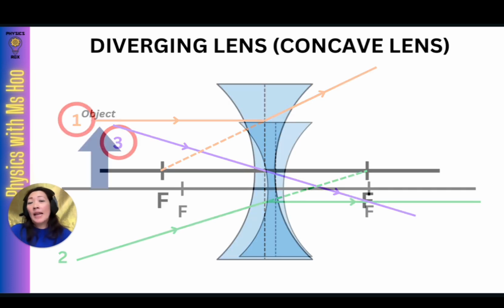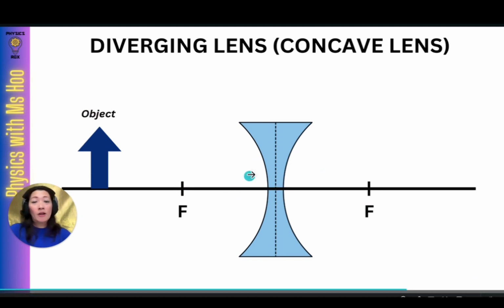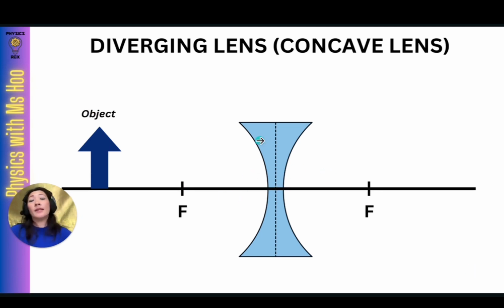So now, let's learn to draw the ray diagram for a diverging lens. We've got an object placed on the left side of the concave lens, and because this is a biconcave lens, we have 2 principal foci or focus points at equal distance from either side of the lens.